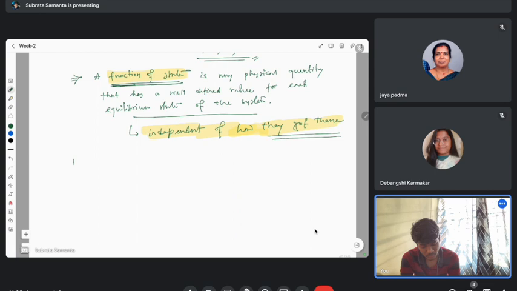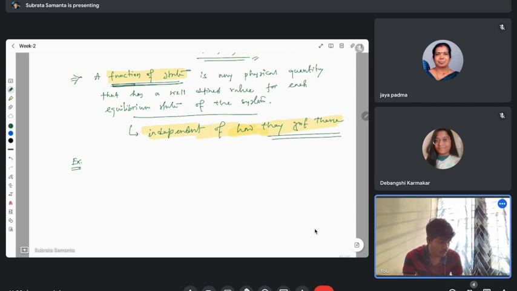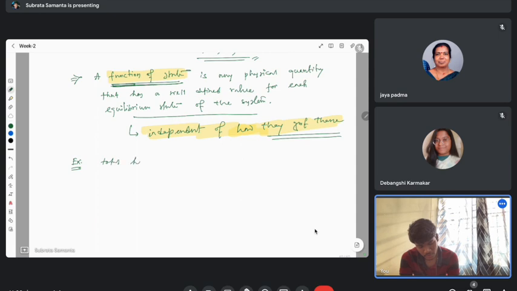An example is the total heat put into the system.